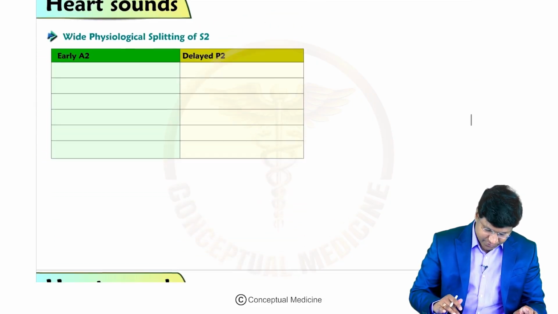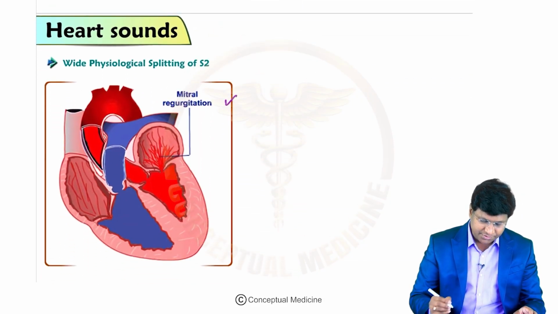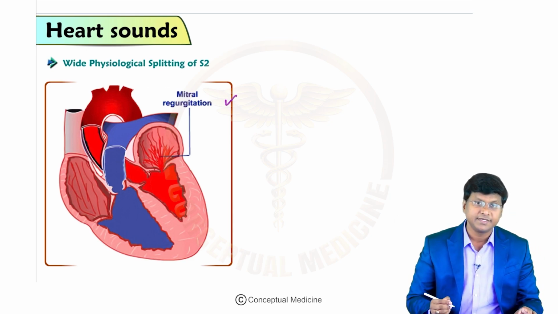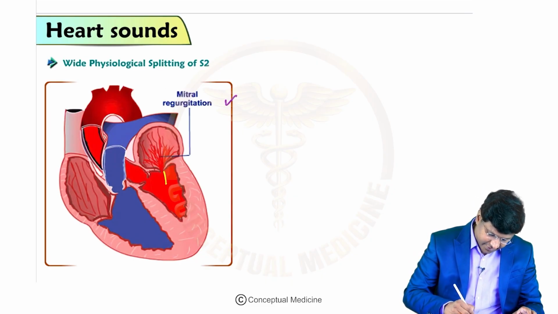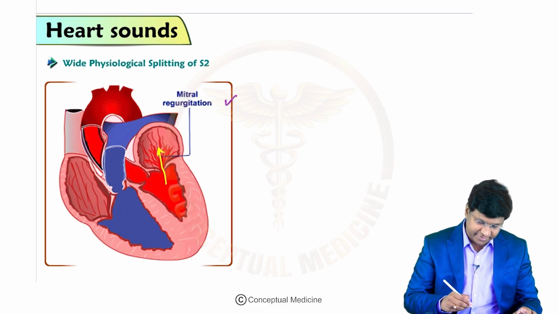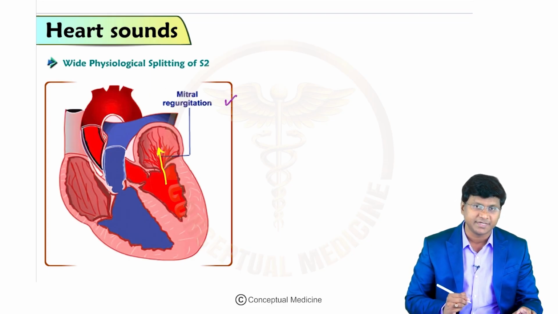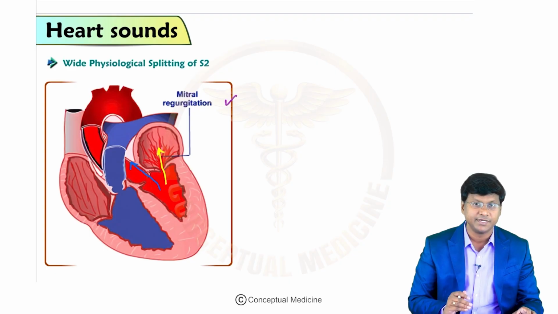So let me tell you why in mitral regurgitation you have the early A2. If you observe in mitral regurgitation, the blood from the left ventricle will regurgitate back into the left atrium, right? Some amount of blood will regurgitate back into the left atrium. Thereby what will happen to the amount of blood that has to enter into the aorta? It is reduced.